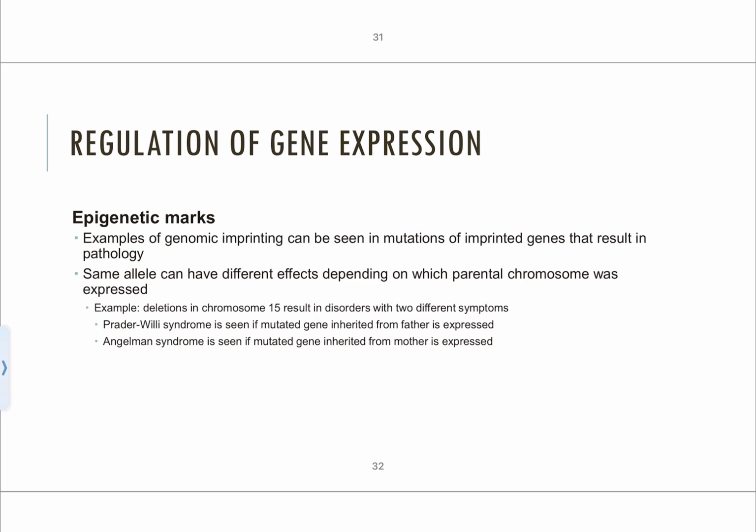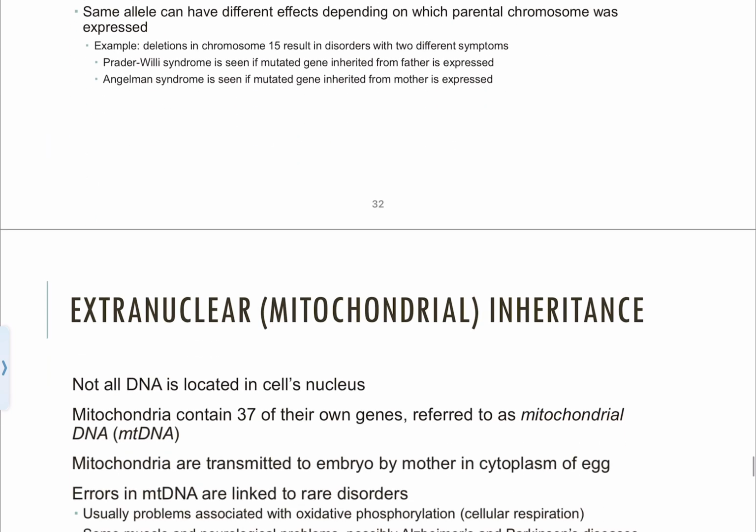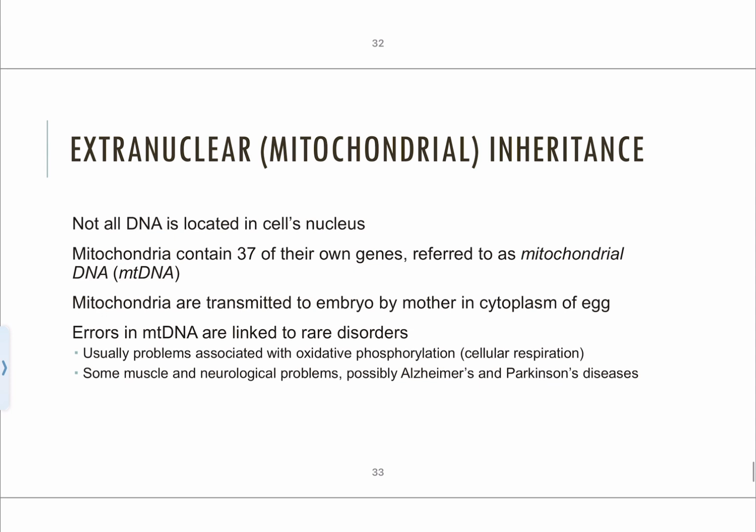And depending on whether it came from the mother or the father is also going to determine what phenotype it has. So if it was inherited from the father, the syndrome that's produced is going to cause moderate intellectual disability. If it's inherited from the mother and expressed, it's going to end up with severe intellectual disability.